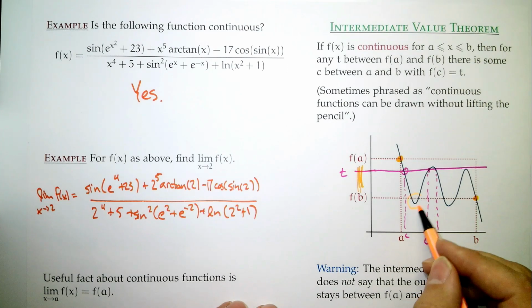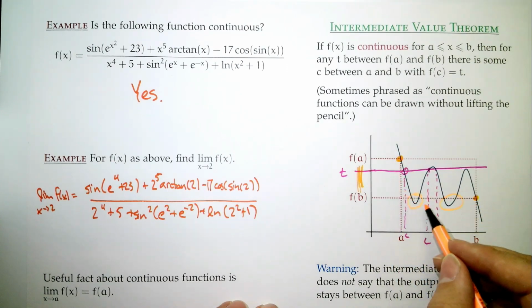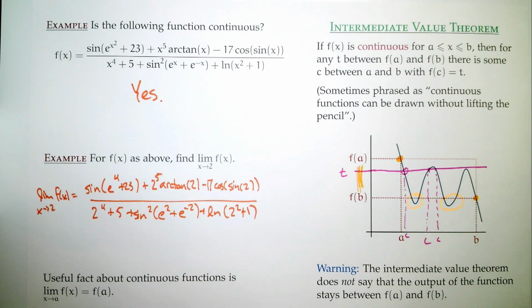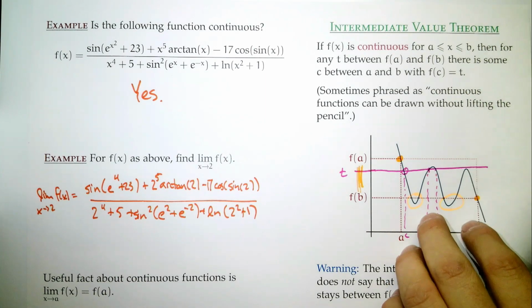You'll notice, for instance, there's a few times when the curve dips outside of that interval between f of a and f of b, and that's okay. The only thing we can say for sure is that for everything in between, there is some point where I got that value. All right.